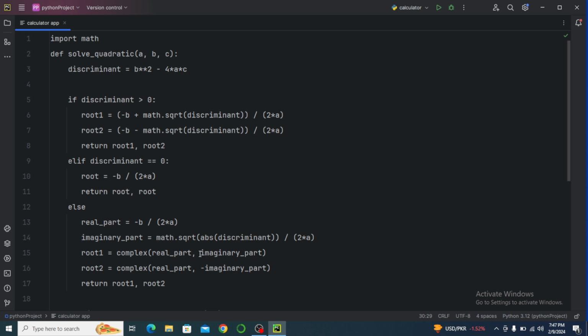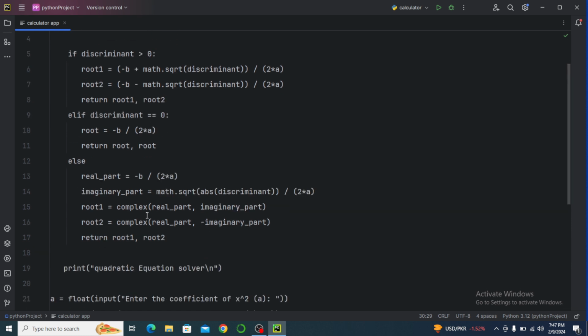Then we inputted the quadratic equation itself. We said if discriminant is greater than 0, the quadratic equation formula applies: minus b plus the square root of the discriminant, which is b squared minus 4ac, divided by 2 multiplied by a. Then we did for root 2 minus b minus the square root of the discriminant, b squared minus 4ac, divided by 2a.